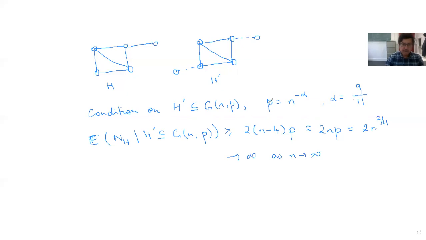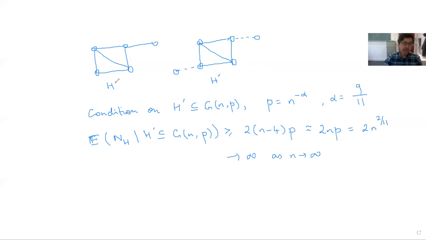Okay, so there's a dichotomy. Either we see no copies of H prime, and hence no copies of H in G(n,p), or we see an enormous number of copies of H. With H prime, you can see just a small number of copies, but with H, you either see nothing or you see a huge number of copies.